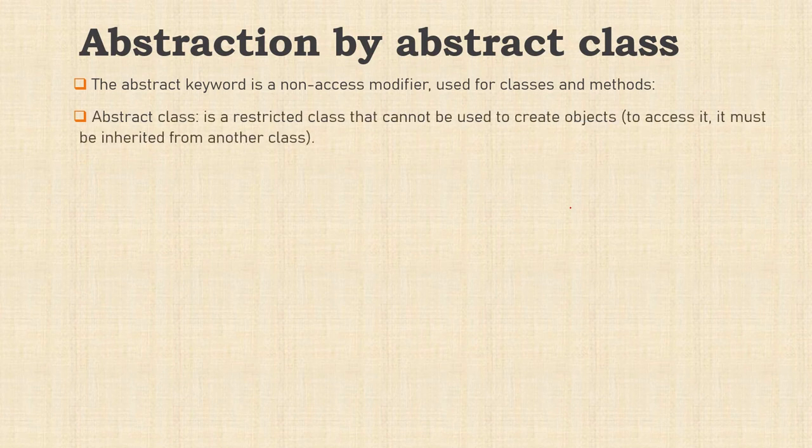An abstract class is a restricted class that can't be used to create objects. So you can't create the object of an abstract class. To access it, it must be inherited from another class.